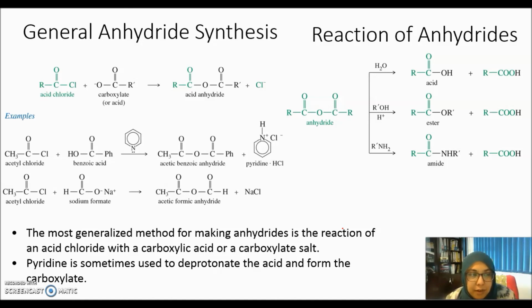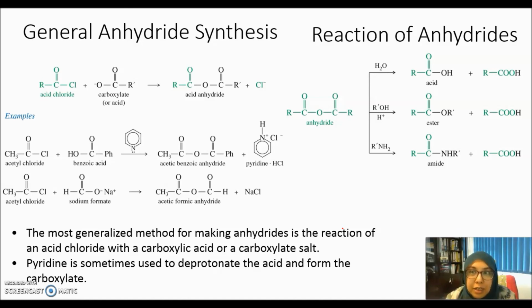So for example, you combine acetyl or ethanoyl chloride with benzoic acid, and you will get acetic benzoic anhydride or ethanoic benzoic anhydride. That is the only synthesis of anhydride.